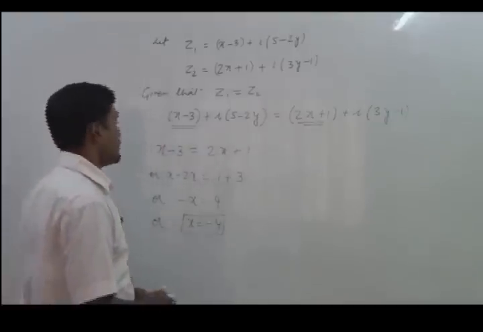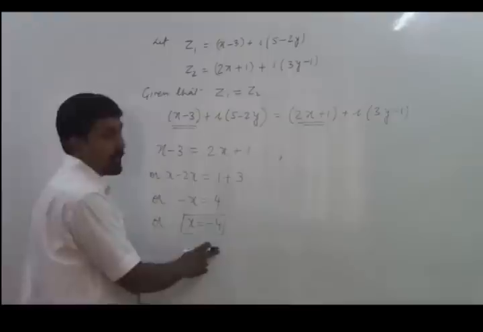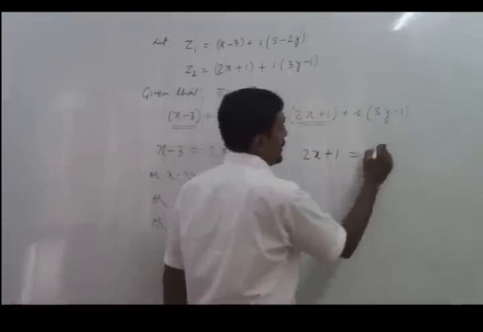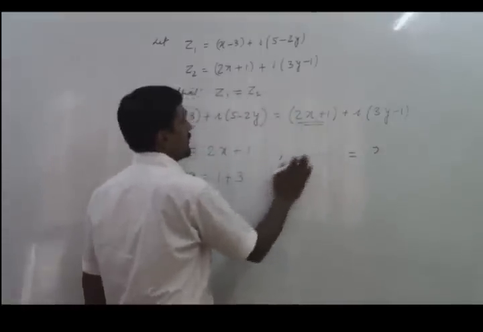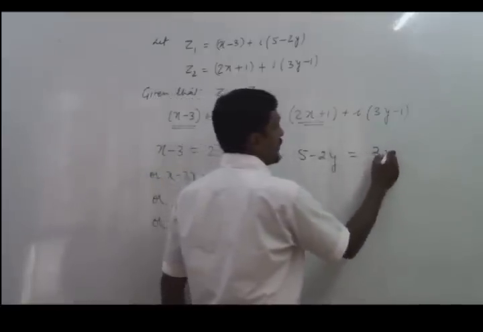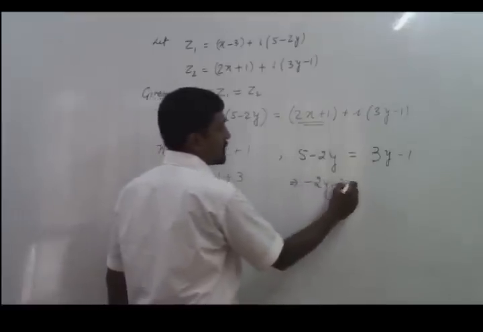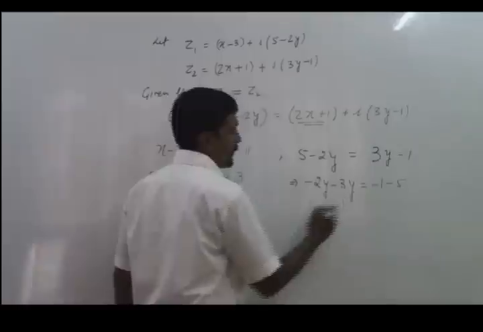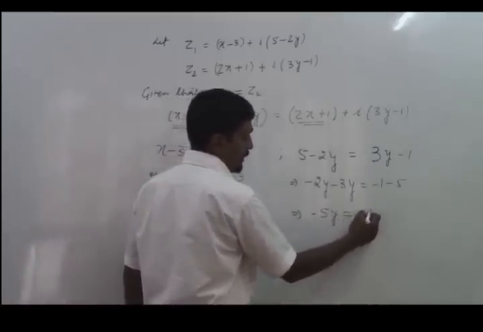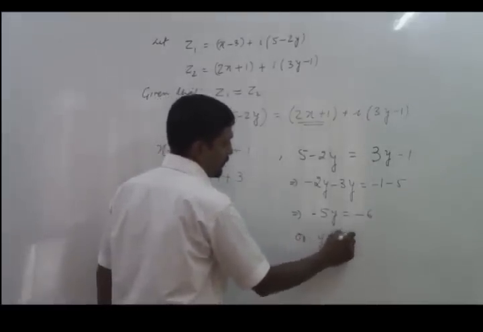Second, if the real parts are equal, then the result is x equals minus 4. If the imaginary parts are equal, that is 5 minus 2y equals 3y minus 1, this implies minus 2y minus 3y equals minus 1 minus 5, or minus 5y equals minus 6, or y equals 6 upon 5.